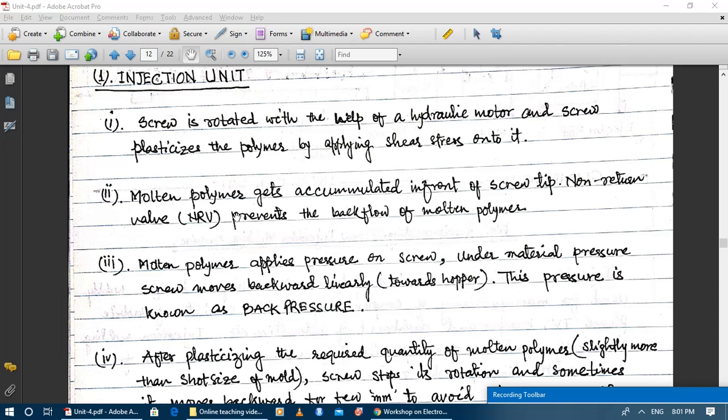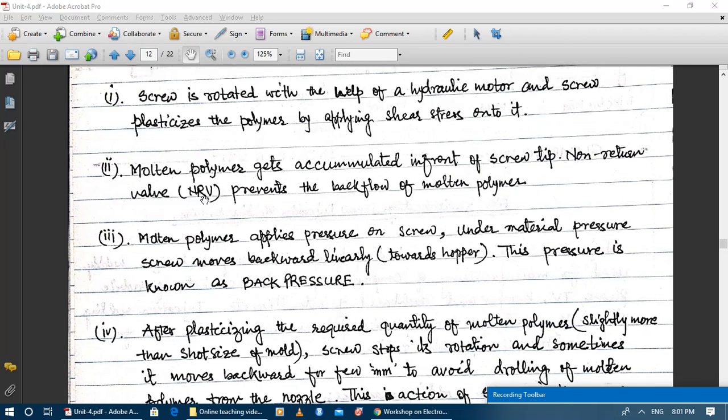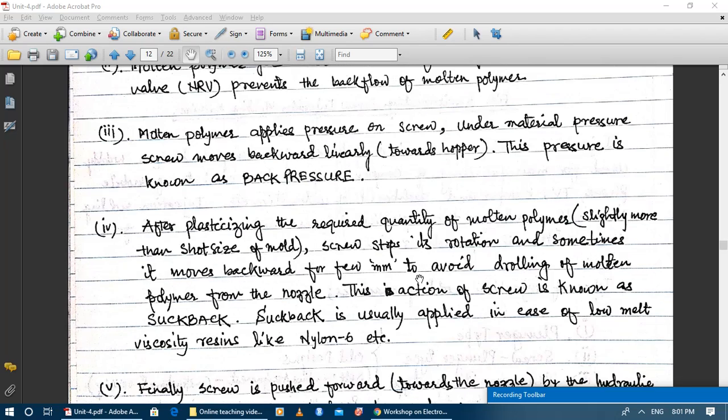That's why it is known as the non-return valve. It is very important to have the NRV, otherwise during the injection phase a portion of polymer will flow in the backward direction. So the NRV prevents the backward flow of the polymer during the injection stage.